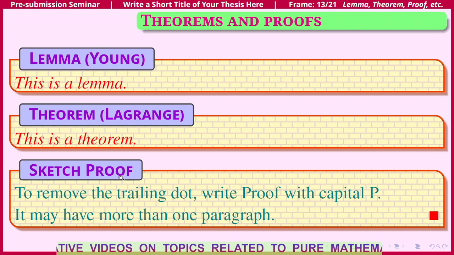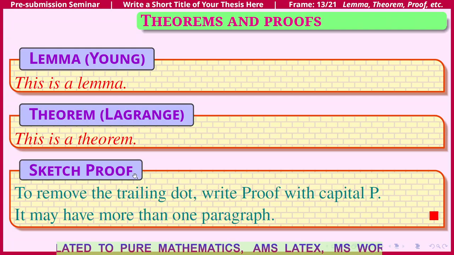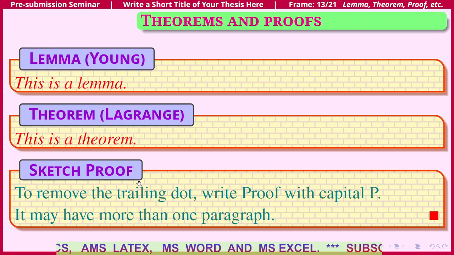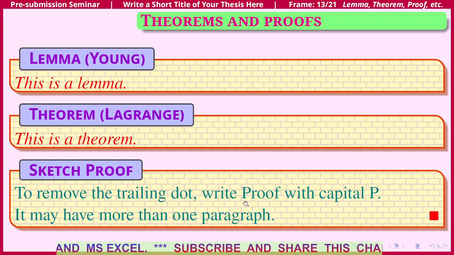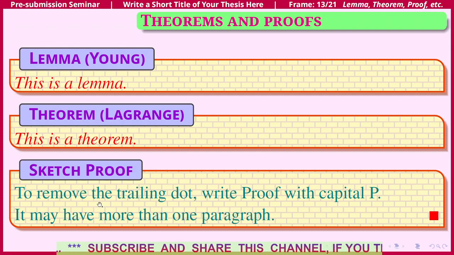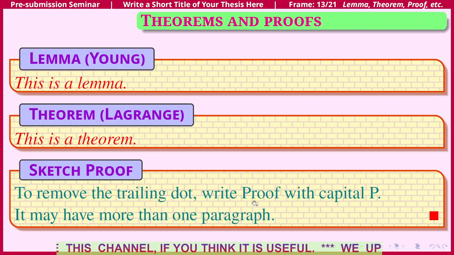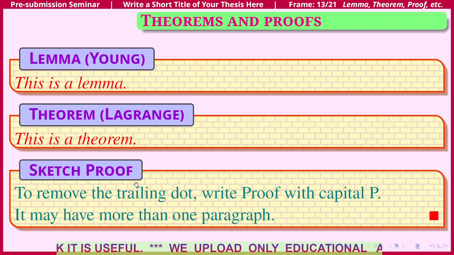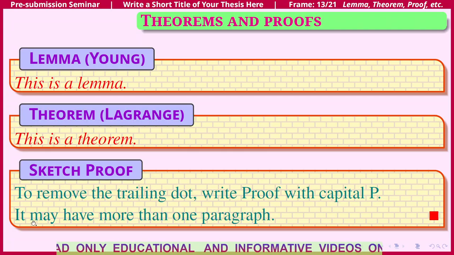Normally, when you use the proof environment, you must have noticed that there is a trailing dot after the word proof, but I have done some tricks so that this dot is vanished. There is no dot here. Of course, here I have written Proof with capital P, but even with small p, proof will work. Without the dot it will come. I'll show you everything in the text file.